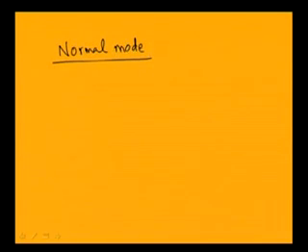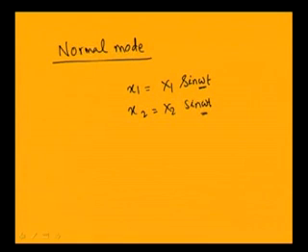In case of 2 degree of freedom system, we assumed the solution in this form: x1 equal to X1 sin omega t and x2 equal to X2 sin omega t. We have assumed the frequency of both x1 and x2 to be the same, but their amplitudes X1 and X2 are different, and they have the same phase, that means they are in phase.